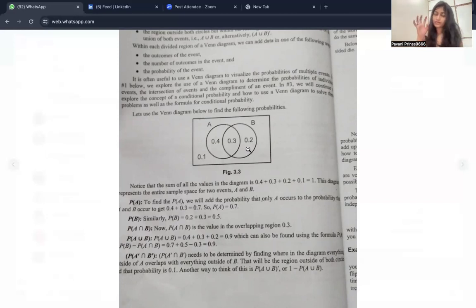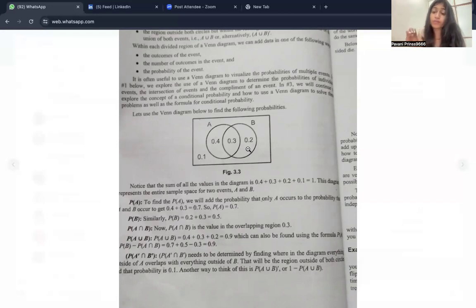Probability of A you understood, probability of B you understood. Now, probability of A intersection B. There are some students who play both of them, the intersection part. How many students are playing both? 0.3. You can see it in the diagram itself.